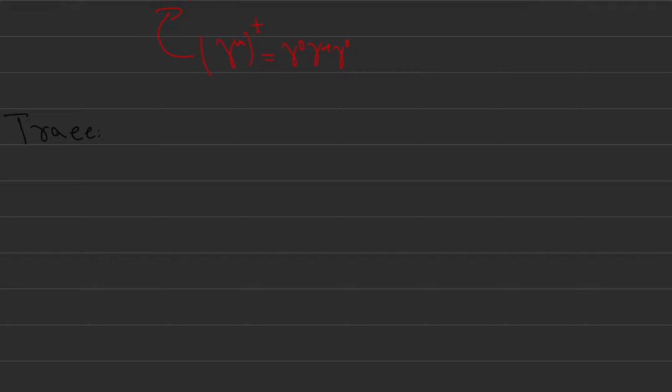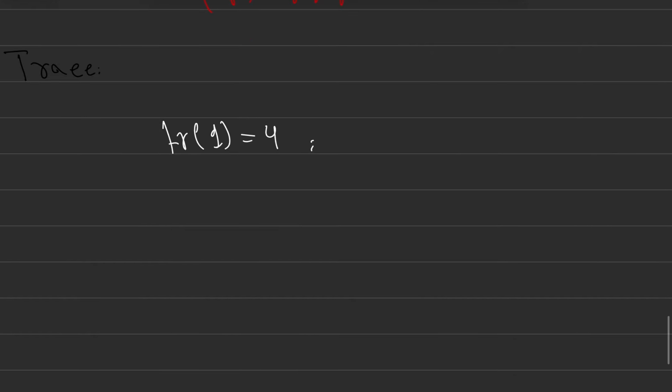The identity matrix is a 4 by 4 matrix, therefore the trace of the identity matrix is 4. While the trace of any gamma matrix is 0. Now if you take the trace of a product of gamma matrices, let me move them here.